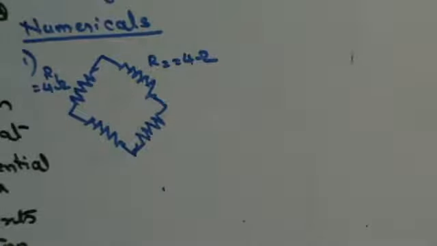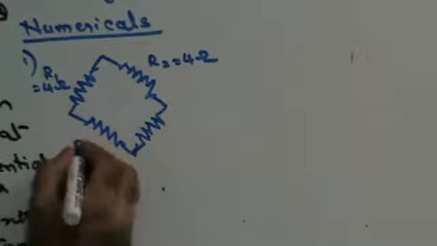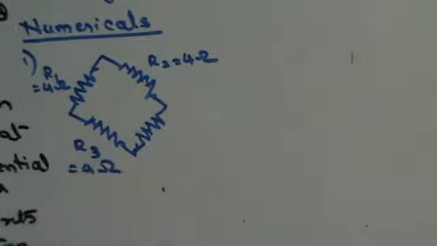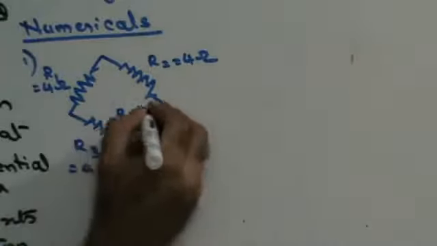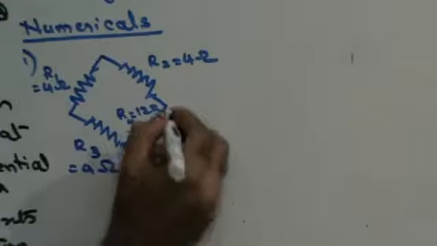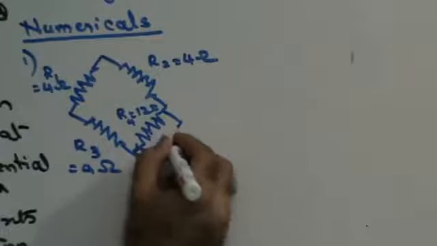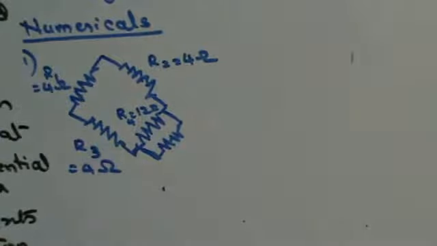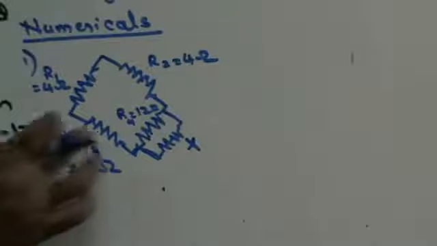Find the resistance which when connected across the 12 ohm resistor balances the network.